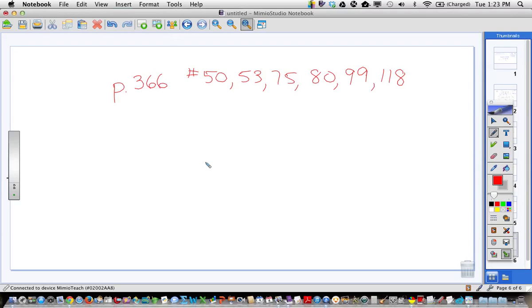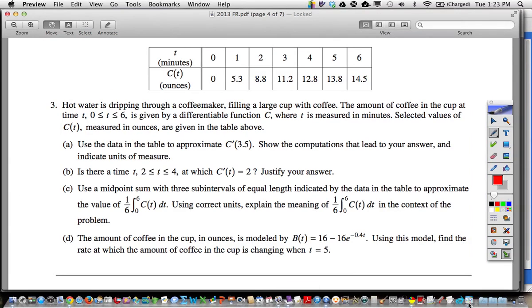You got sample 1, number 3. I think that one is not so much for the quiz necessarily, but it's just a good problem to do based on the story type problem stuff we've been doing. And then I think this one in the 2013, where was it? Right here. I think this part C, this is a nice one because you have to do a midpoint. We haven't done a midpoint today. It'll make you write out a midpoint sum.